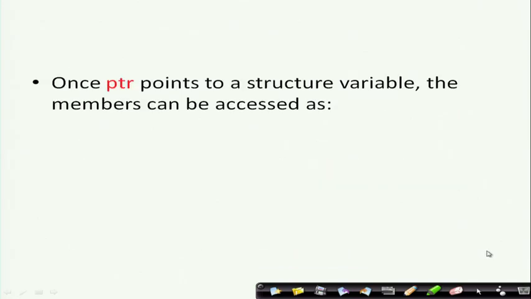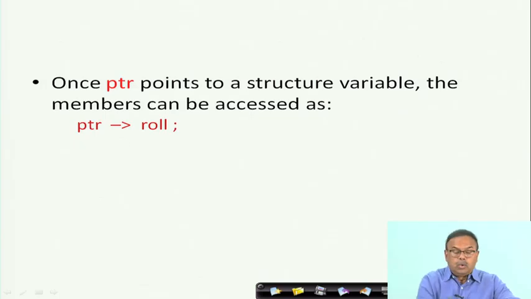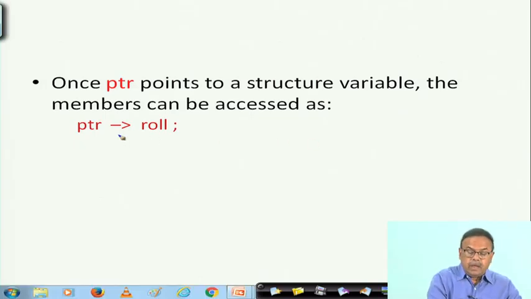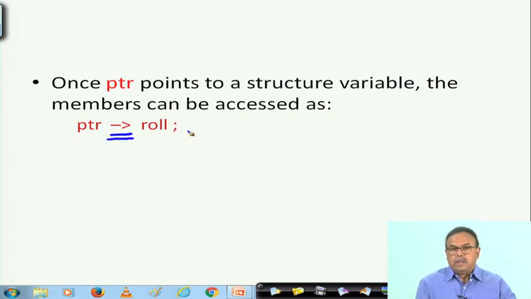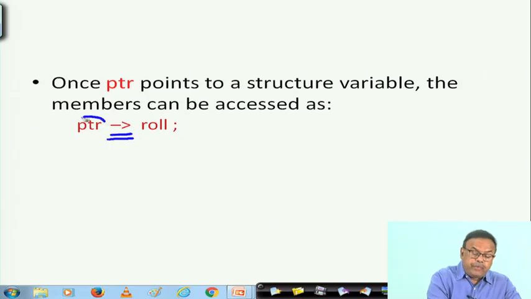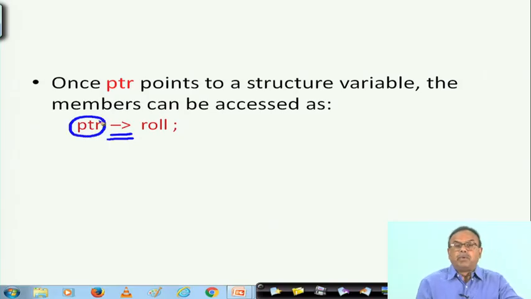Once PTR points to a structure variable, now this is something new, the fields can be accessed as PTR arrow roll, that is possible. So, let us see what is happening. You are being introduced to the arrow operator. This only comes if the left side of this operator is a pointer.